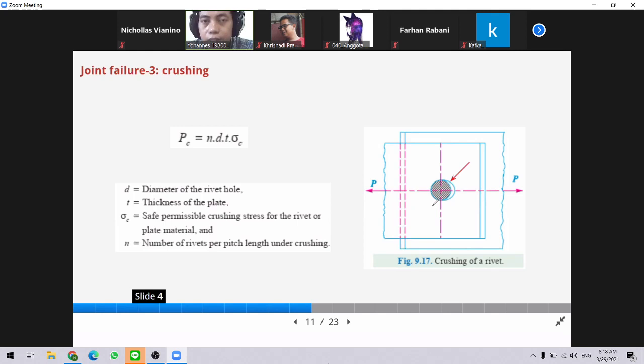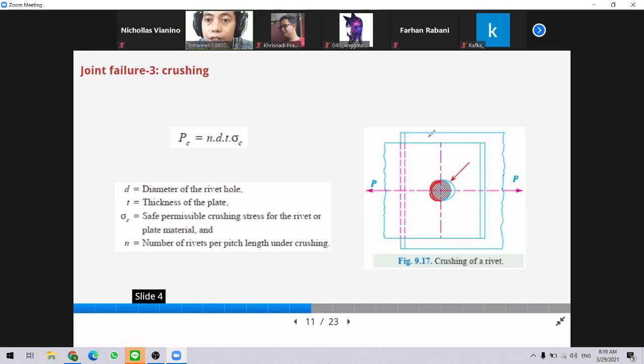Crush failure can occur in both the rivet and also the plate, both of them. So the deformation is not only on the plate but also in the rivet area. Okay. So choose the weakest of them, the weakest material of them, if they have different types of material.